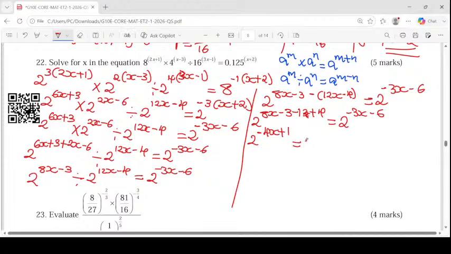This should be equivalent to 2 to the power of negative 3x minus 6. Dropping the bases and proceeding with the powers, we have negative 4x plus 1 is equals to negative 3x minus 6. So this is negative 4x plus 3x is equals to negative 6 minus 1.